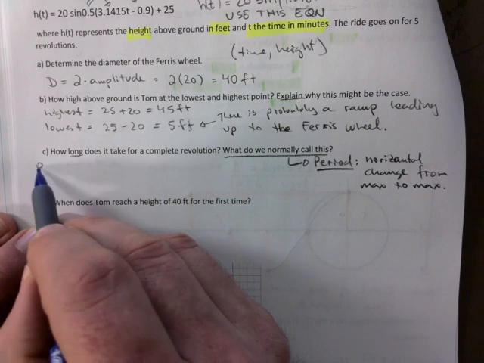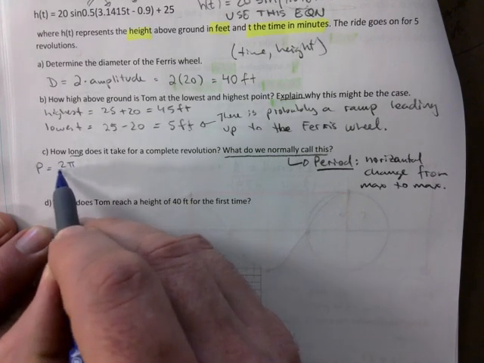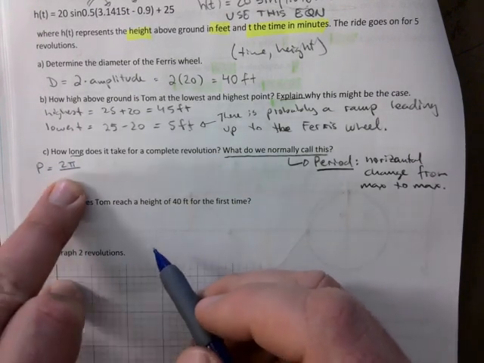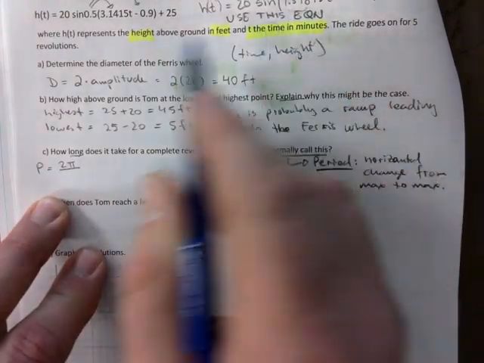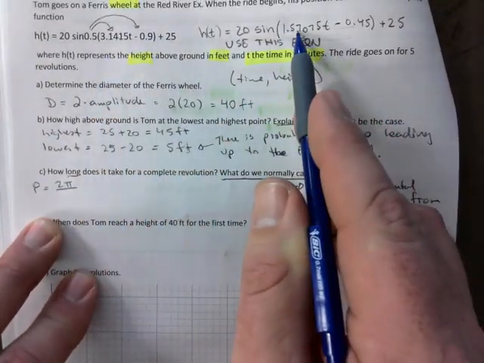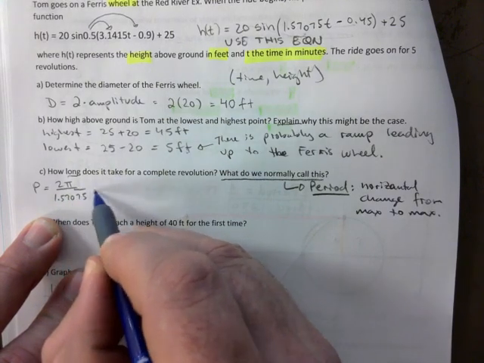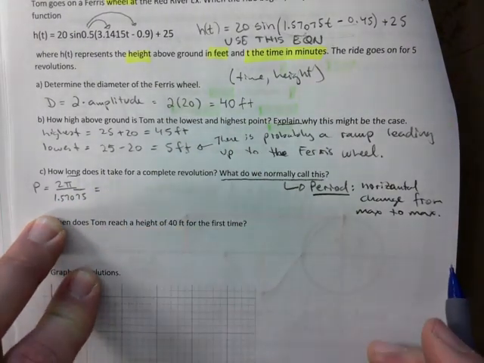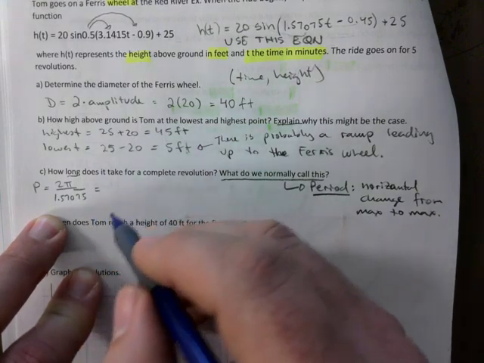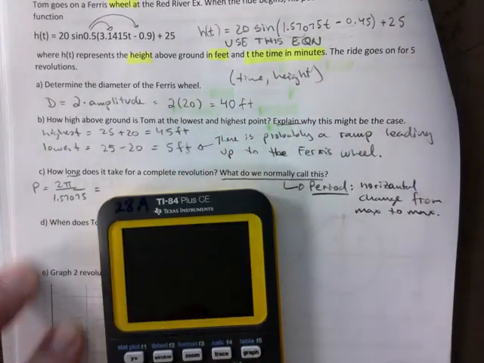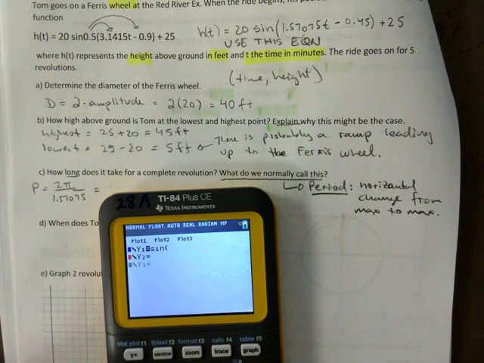I'm going to use this. Period is 2 pi divided by, don't use the original, we're going to use this one, 1.57075. And I'm just going to give you the answer. It's 4 minutes. You just round to 2 decimals. Whatever happens, happens.